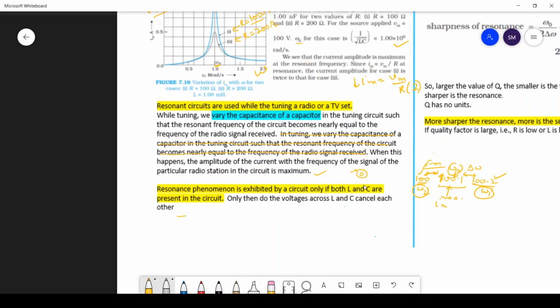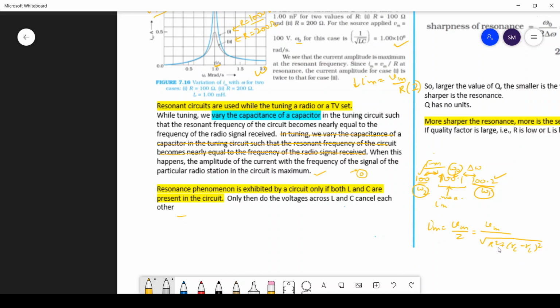For the resonant condition, Im is equal to Vm by Z, and Z is equal to root of R square plus (Xc minus XL) whole square.